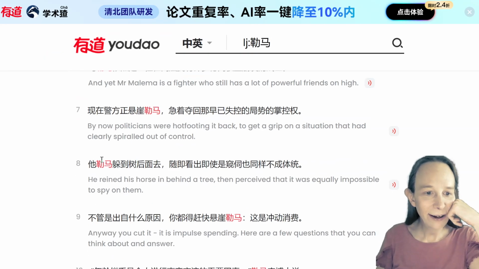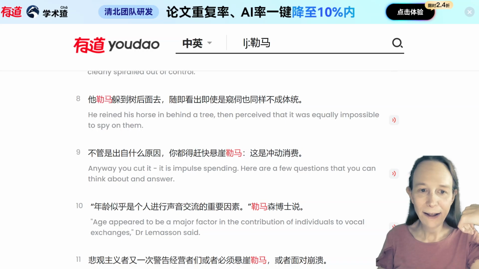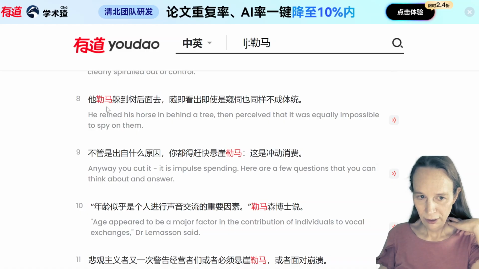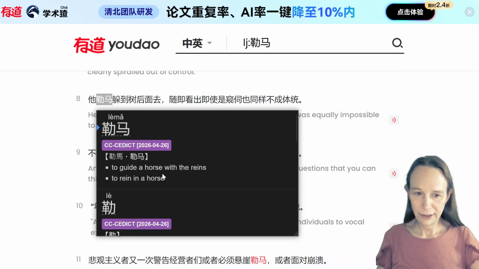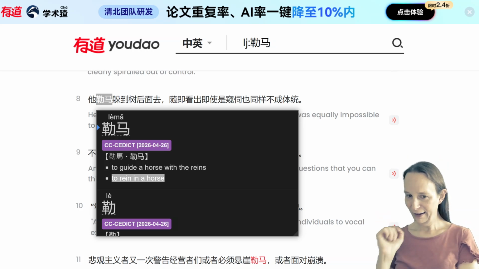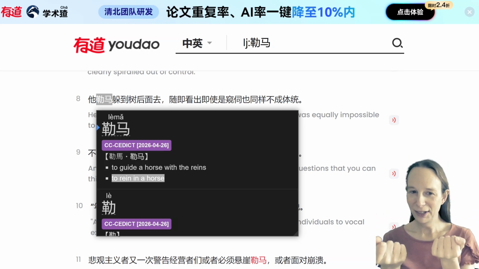Oh no, here we go. 勒马躲到树后的面去. Yeah, reined his horse. To rein in a horse. So you're riding your horse and you want your horse to slow down. So you 勒马.